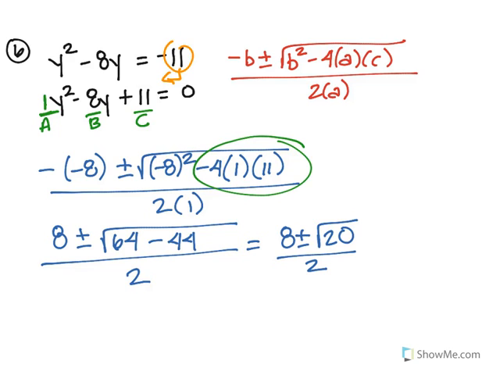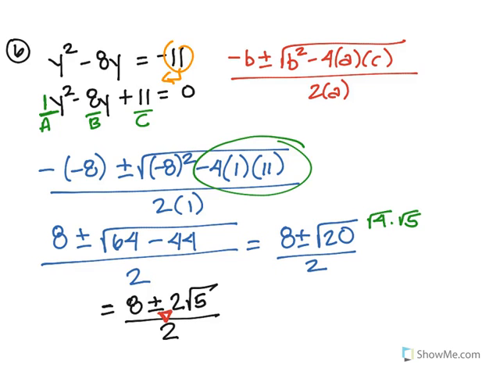And we know the square root of 20 breaks down into the square root of 4 times the square root of 5. So that would give us 8 plus or minus the square root of 4, which is 2. Bring down the square root of 5, all over 2.